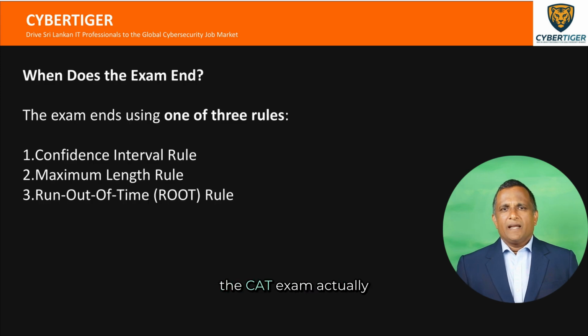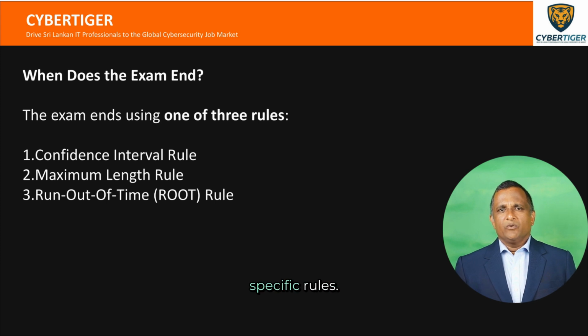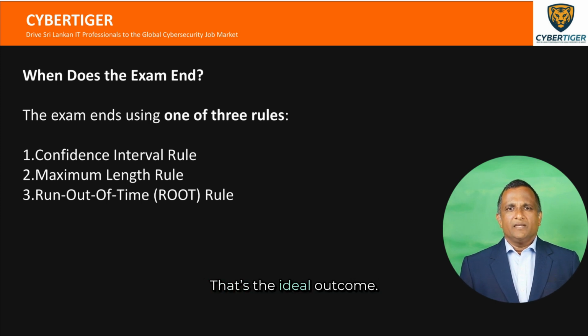Now let's cover when the CAT exam actually ends, because this is controlled by 3 very specific rules. First is the confidence interval rule. If the CAT engine becomes statistically confident that your ability is clearly above or below the passing standard, the exam stops immediately. That's the ideal outcome. Second is the maximum length rule.